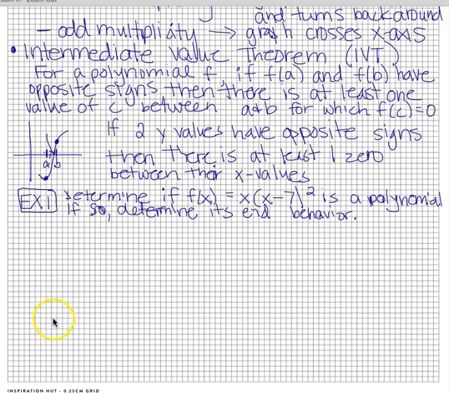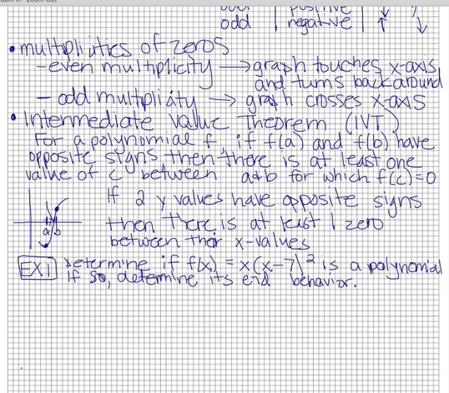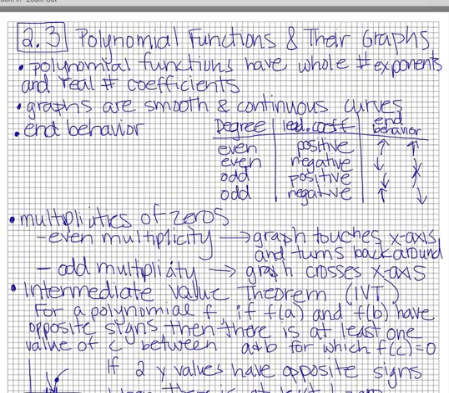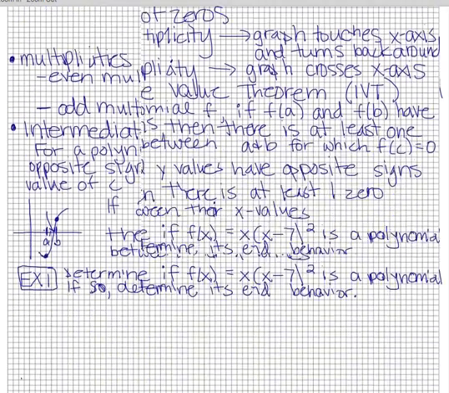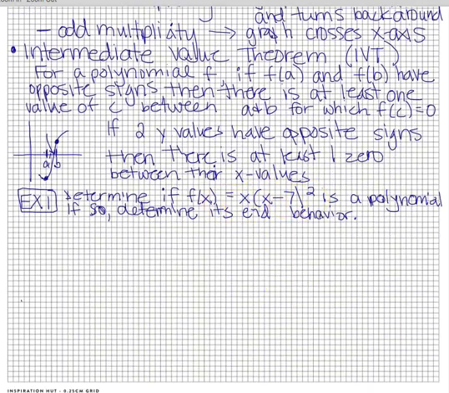Okay. So, first thing that we need to look at is we need to decide if it meets the qualifications for being a polynomial. So if I scroll back up to my definition, polynomial functions have whole number exponents and real number coefficients. Well, if you can determine that from the format you've got, awesome. If you can't, then you may want to multiply it out.